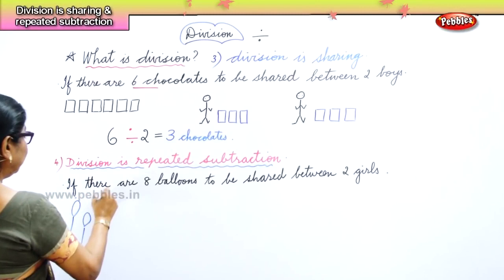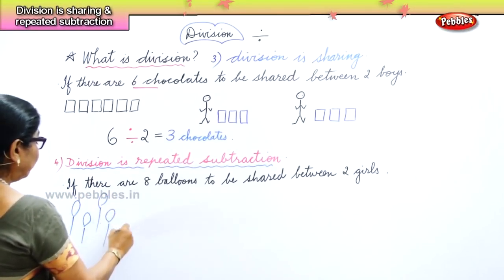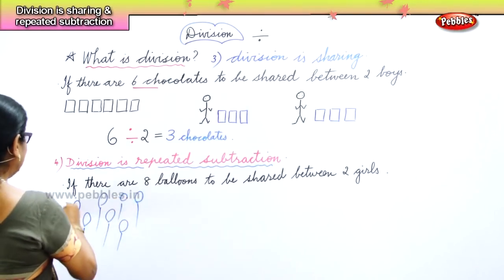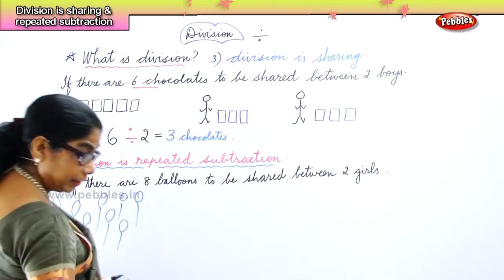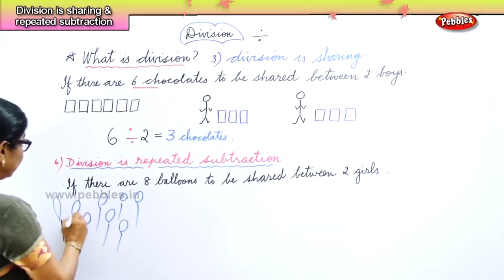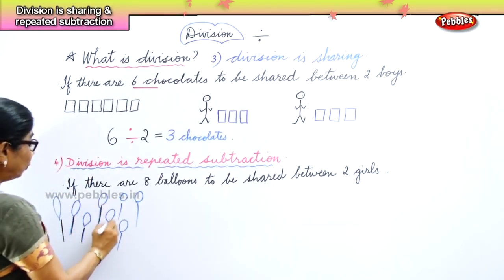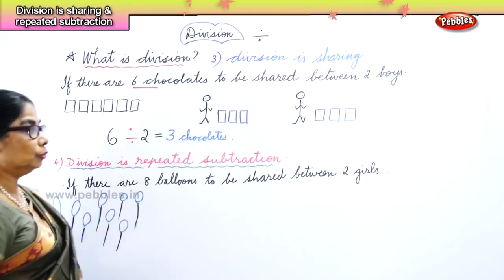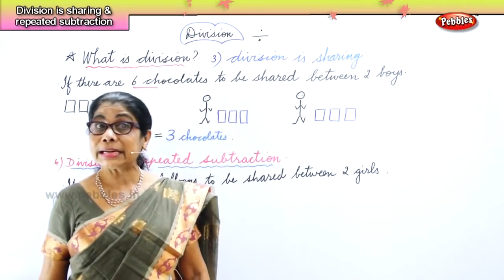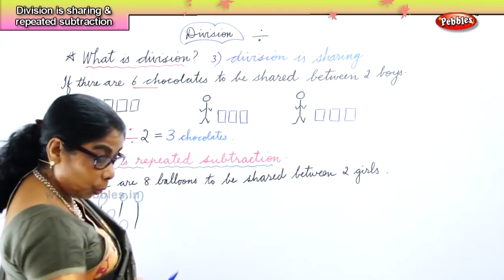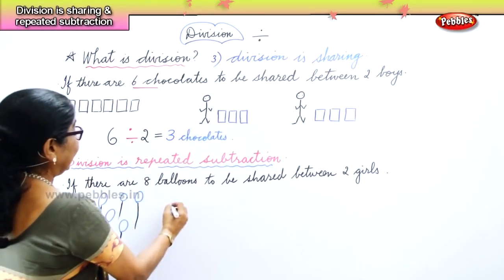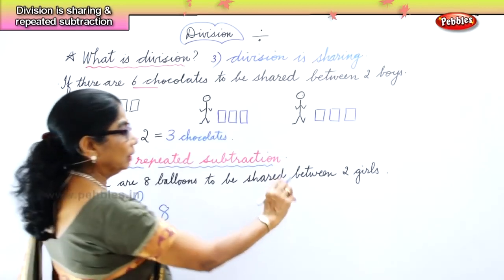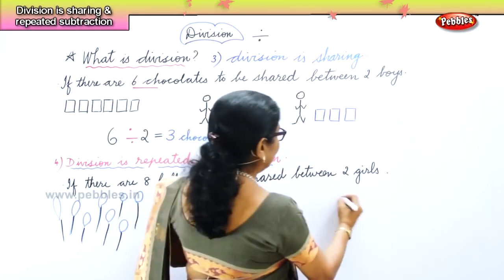1, 2, 3, 4, 5, 6, 7, and 8. So we have here 1, 2, 3, 4, 5, 6, 7, 8 balloons. Division is repeated subtraction. So we have total of 8 balloons. How many? 8 balloons. How many girls are there? 2 girls. Okay.